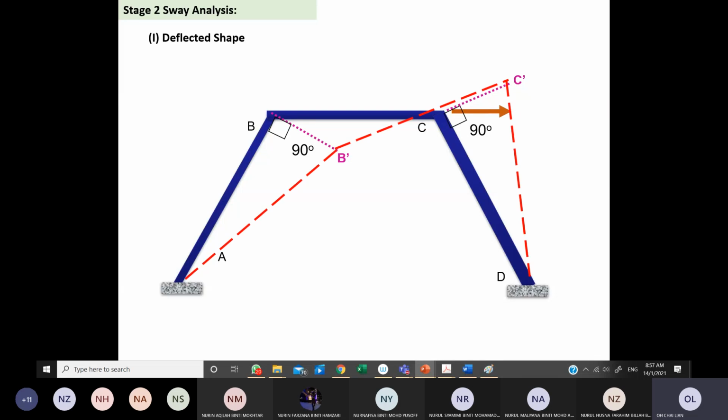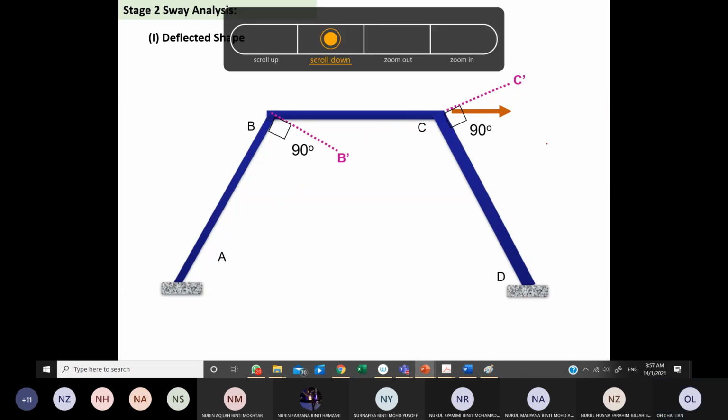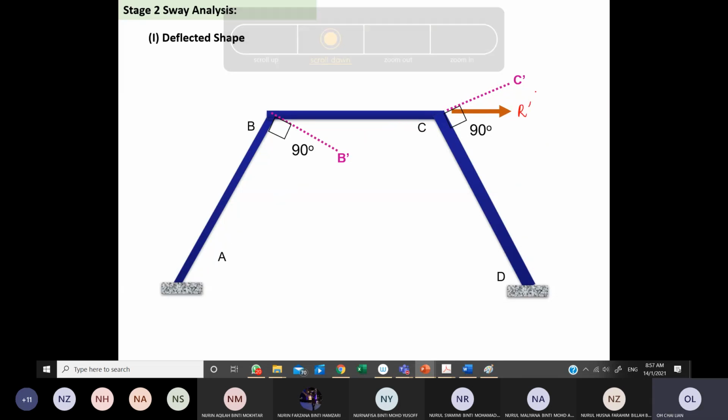So B prime is not going to go to the left side. It will be going to the right side following the R prime. The next principle is that it must be perpendicular to member AB. If you draw the perpendicular projection of B, you will meet B prime here. Of course, the deflection for the real case will not be so large.